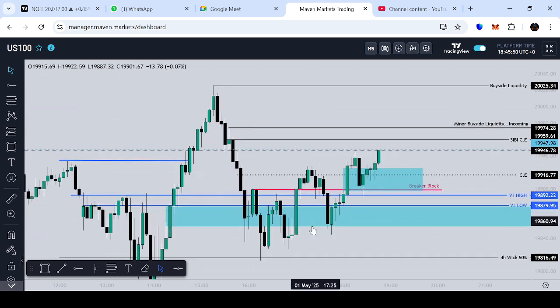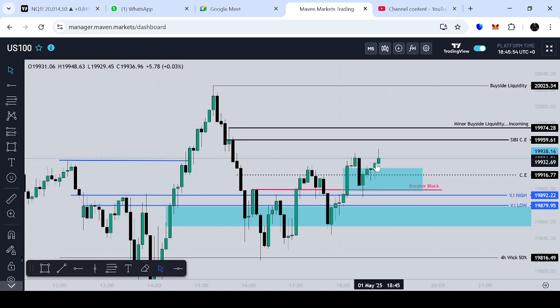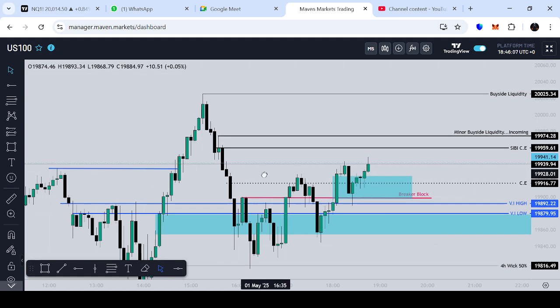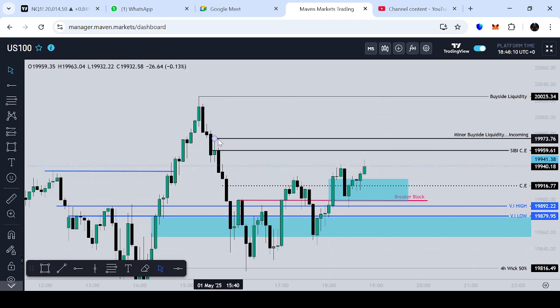And what time of the day is it? It's 2:45 New York time, the New York lunch silver bullet, to run to a liquidity. That is a liquidity resting above there, a minor buy side liquidity there.